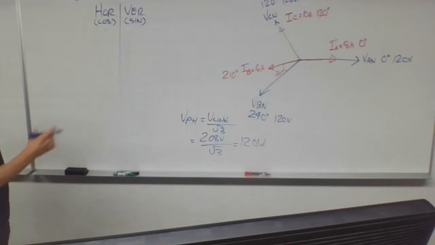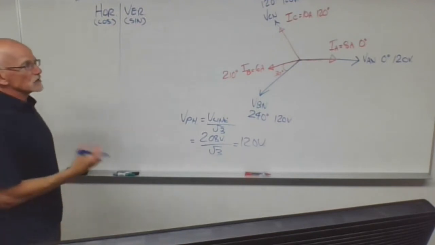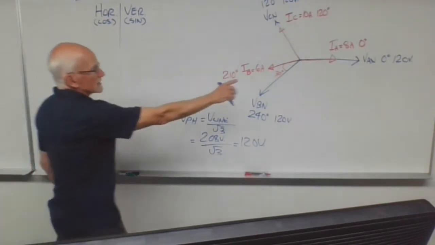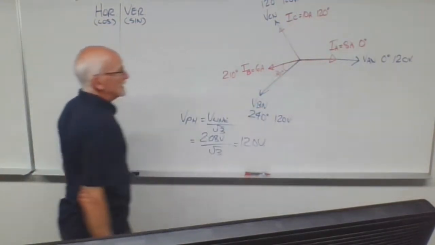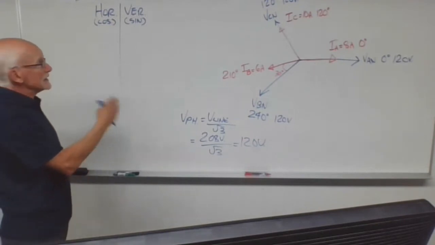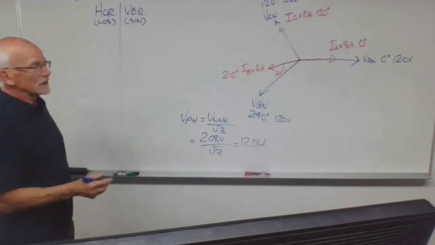All I want to do is break each of these phase currents into the horizontal and vertical values. And the way I do that is I take the current at the angle that it's at and multiply by the cosine of that angle for the horizontal component, and multiply that current by the sine of the angle for the vertical component of the current.